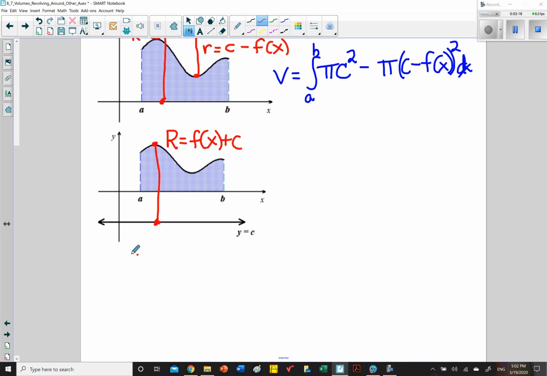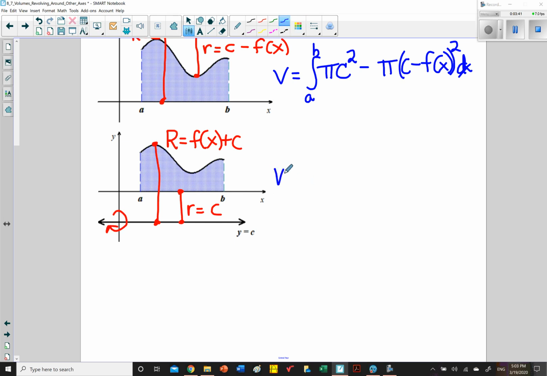So it would be like the function minus some negative number here, so we're adding that c value. And lowercase r, or baby r, is from here, 0, down to the axis of rotation. That's where we're going.